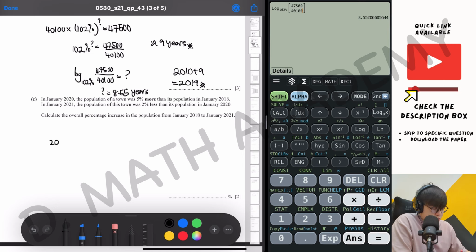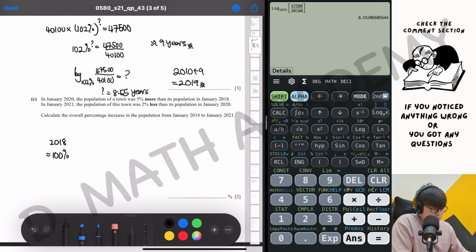So your 2018 will be 100%. 2020 it will be 105%. Then 2021 is actually 2% lesser, which is 105% times 98%.